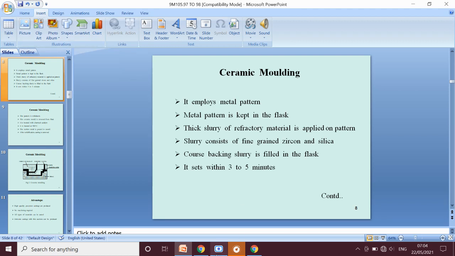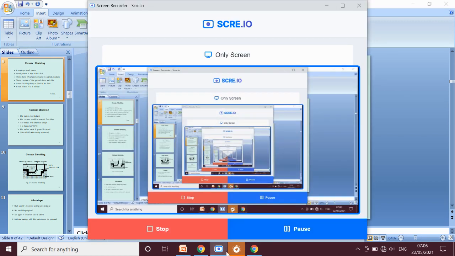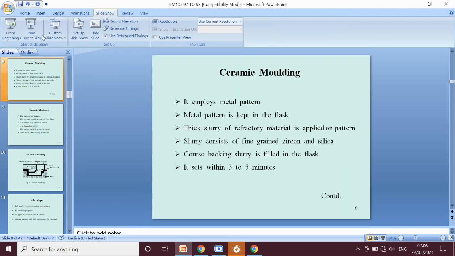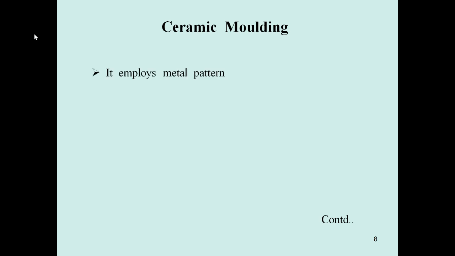The next topic is ceramic molding. Ceramic molding employs a metal pattern. The metal pattern is kept in the molding flask.